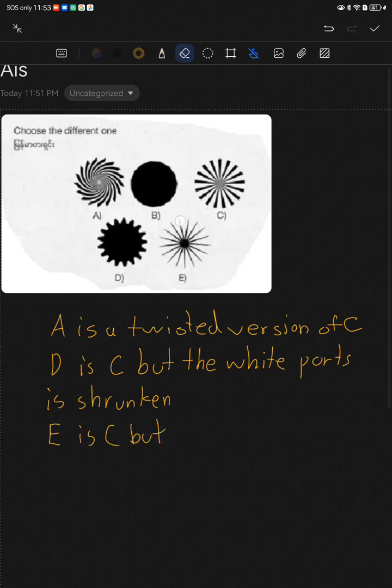You see these white parts? Yeah, they're bigger than the black ones because the black parts of C are shortened in E. They look like toothpicks joined together in E.